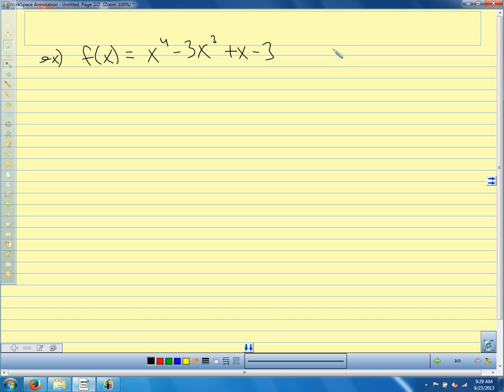And we want to find all zeros, or I'll say all roots, and write out in completely factored form. So we're going to write it out in factored form.